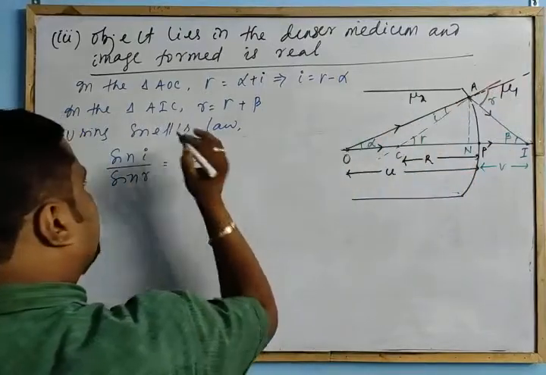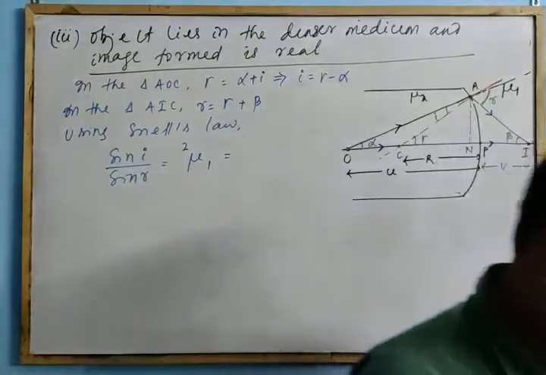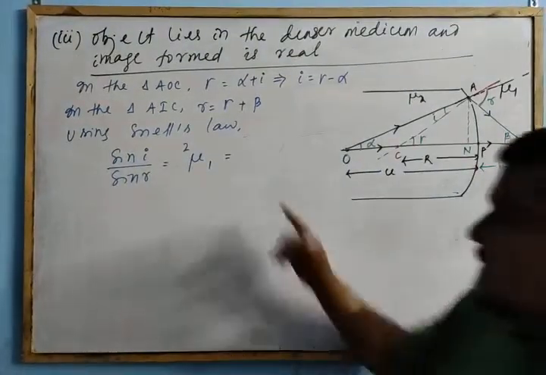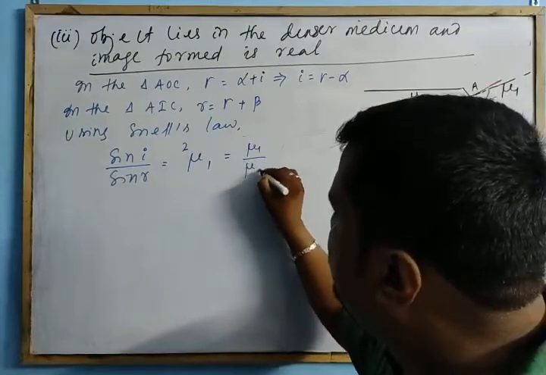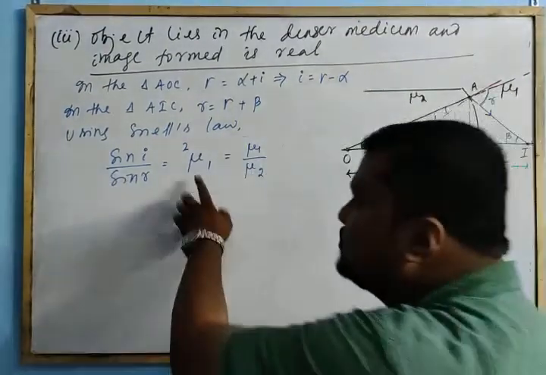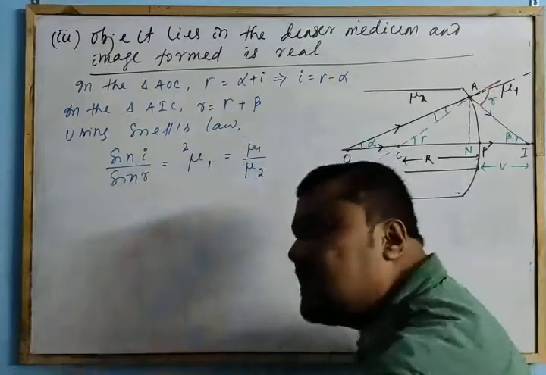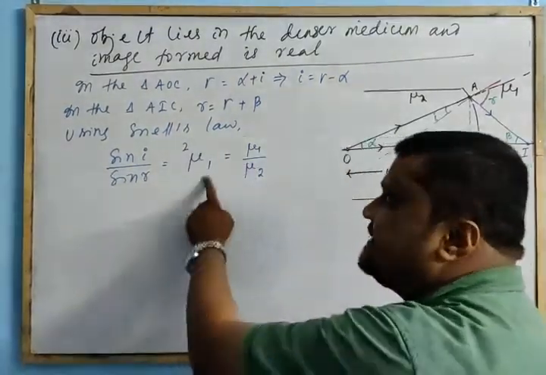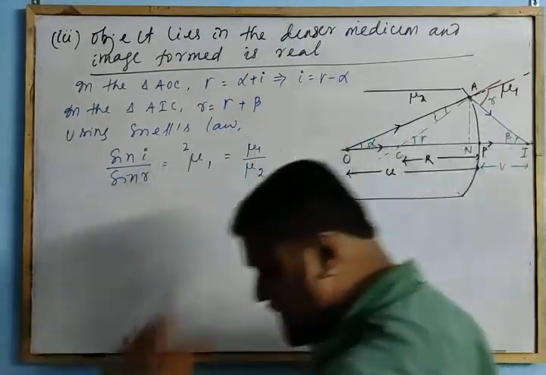Mu1 with respect to 2. In terms of absolute, it is mu1 divided by mu2. That is most important. That is the change here. After doing that, all the procedure is the same. So remember this thing: the object is in the denser medium, so it should be the refractive index of 1 with respect to 2.